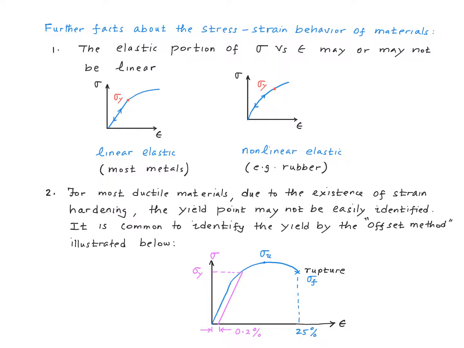To achieve this in a unique way, a method called the offset method has become pretty standard. So what you do is draw a line that is parallel to this initial part at a strain of 0.2%, and find the point where this line intersects this curved part. The stress at that point is taken as the yield stress.